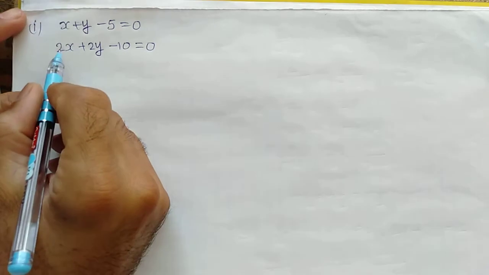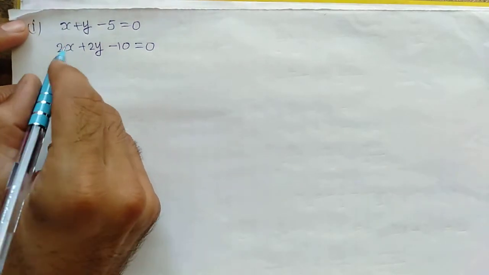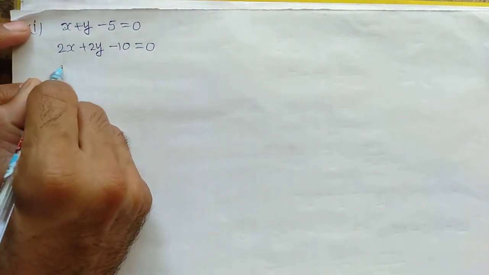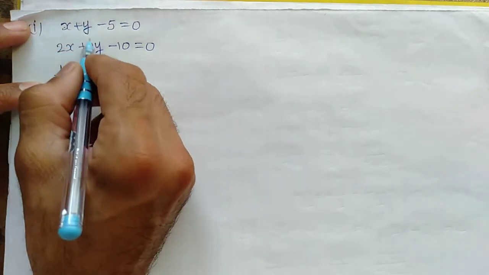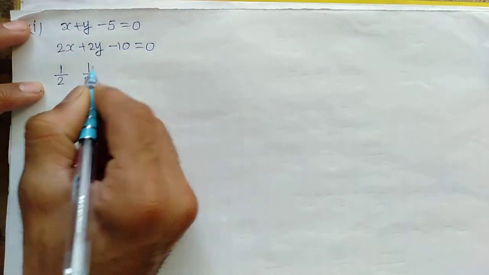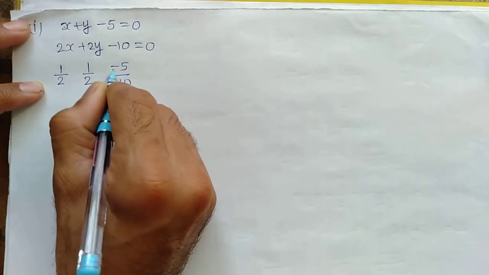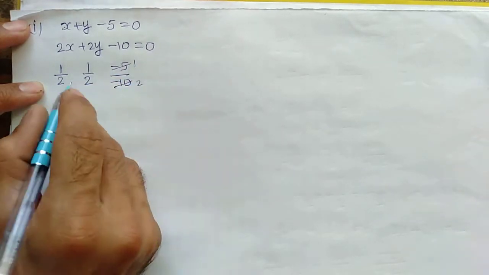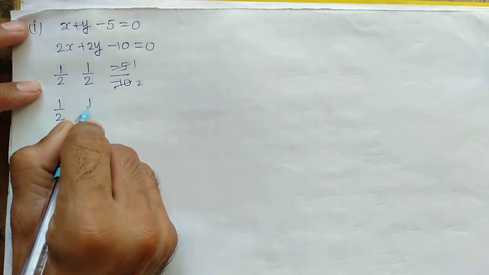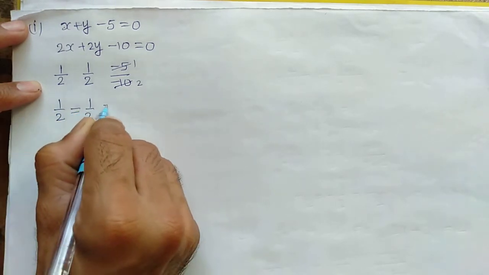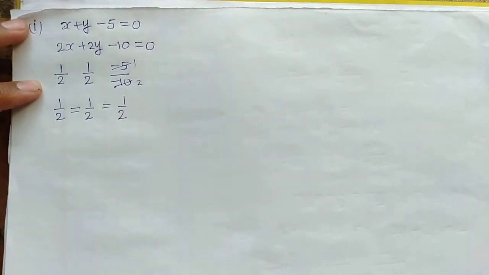Right? Now see A1 upon A2. A1 upon A2 is 1 upon 2. B1 upon B2 is 1 upon 2. C1 upon C2 is minus 5 upon minus 10. 5 ones are 5, 5 twos are 10. It means A1 upon A2 is equal to B1 upon B2 is equal to C1 upon C2.